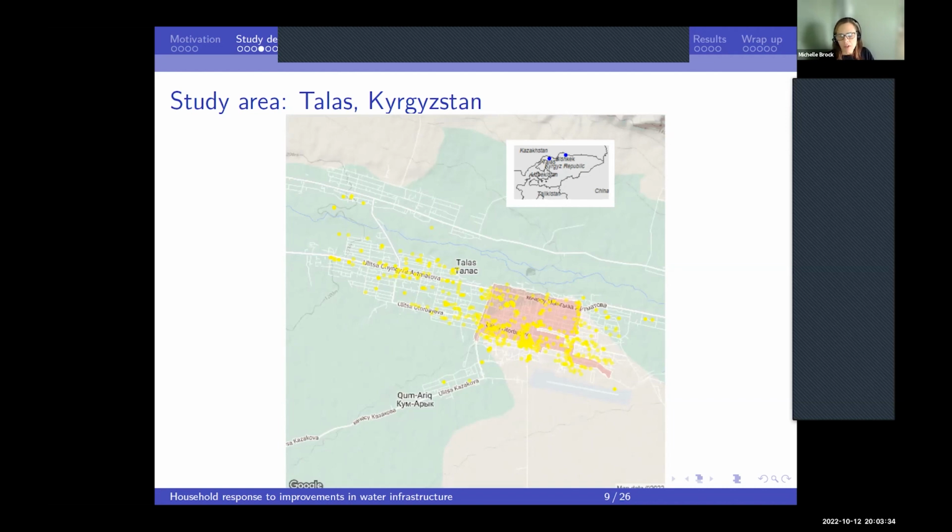The border that you see here is the widest one. So this runs the risk of having some, say, control households included in the treatment group, but results are robust to changing where this outline is. Then the yellow dots are approximate locations of the households in our sample.